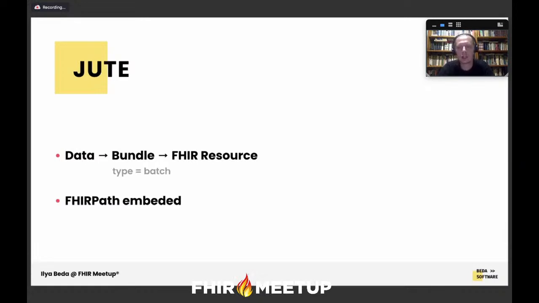Then, as a result of the mapper, we create a batch or transaction bundle that will be executed, and all resources and operations defined in this bundle will be applied and update the data in the database. Also in JUTE, there is an embedded FHIRPath that helps a lot when you are working with complex data such as a questionnaire response.